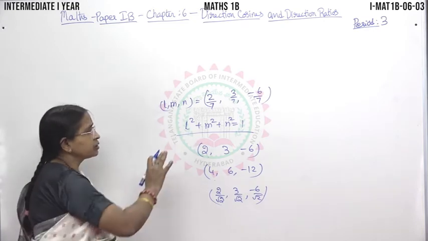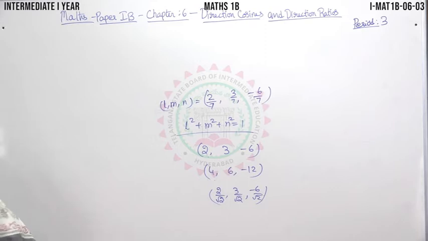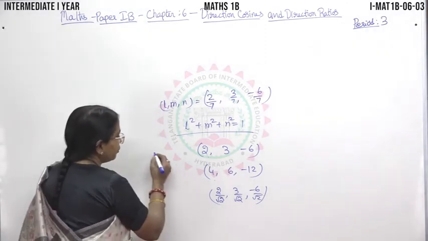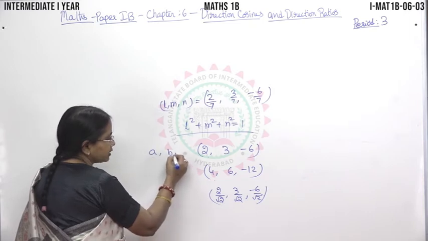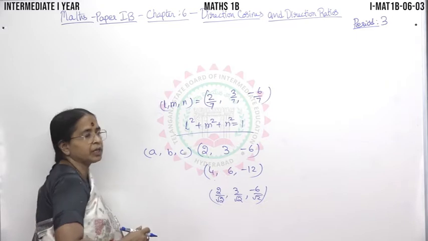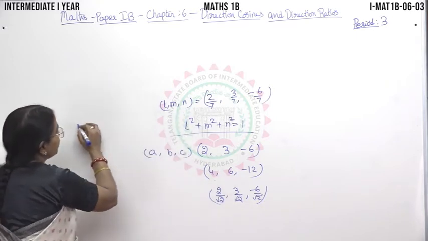Whereas direction cosines are just two sets, as you know: L, M, N and minus L, minus M, minus N. Now, direction ratios are denoted by A, B and C, like A1, B1, C1, A2, B2, C2. Suppose you have two lines.